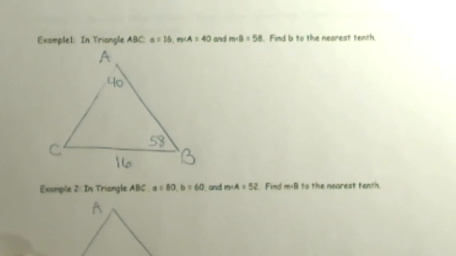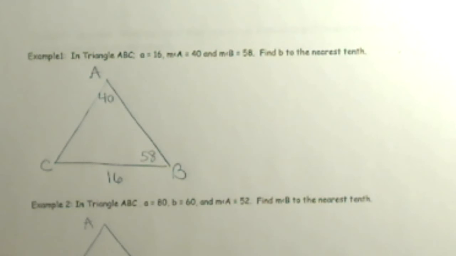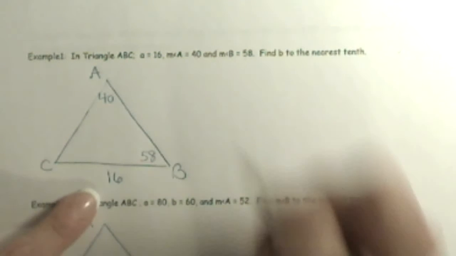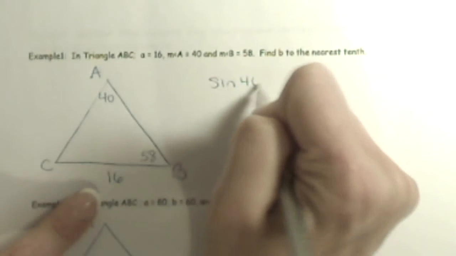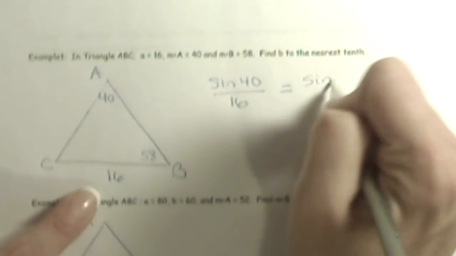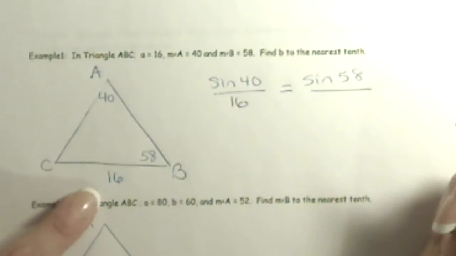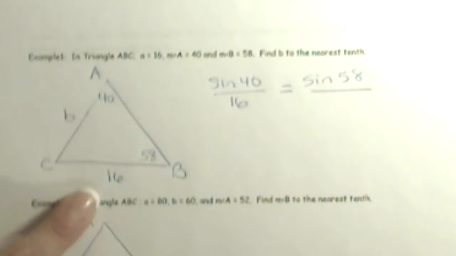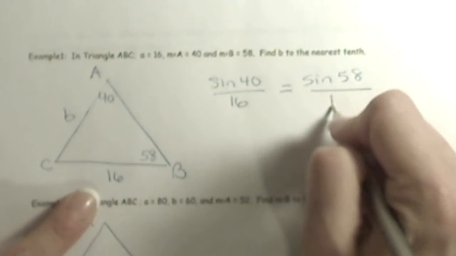It really doesn't matter which one we're dealing with. We just know that sine of 40 over its opposite side is going to equal sine of 58 over its opposite side, which we're calling lowercase b.